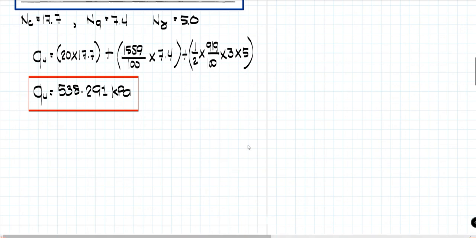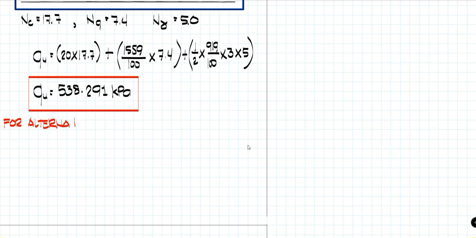So, for alternative equations, so we have here yung NQ natin. So, much better kung kabisado nyo yung values. So, that will be E raised to pi tangent of phi times tangent squared 45 plus phi, so that will be plus phi over 2.